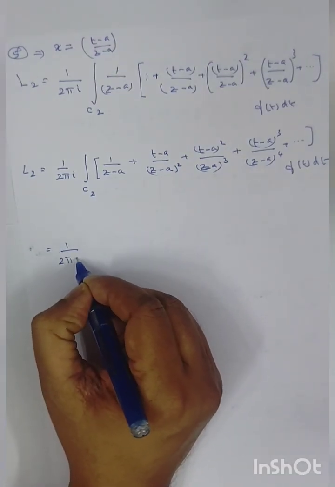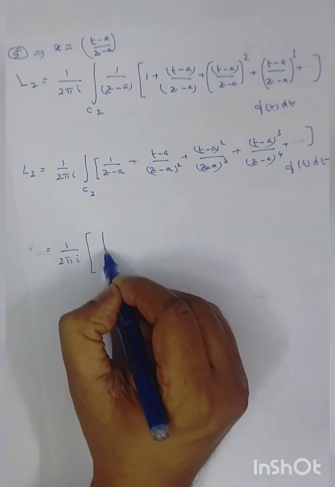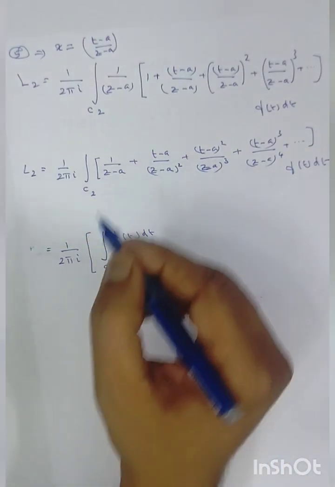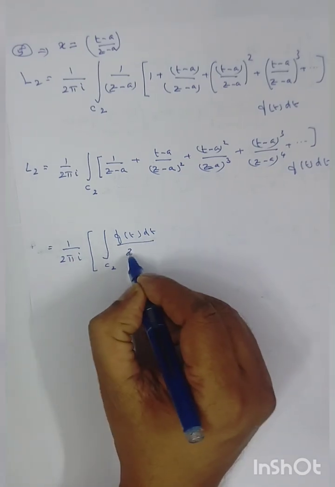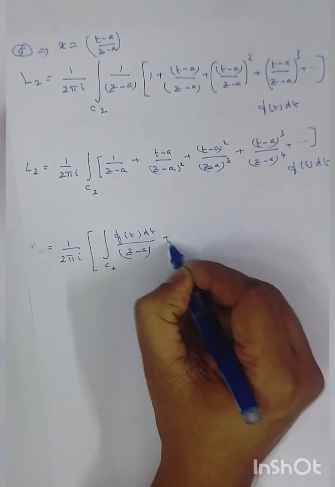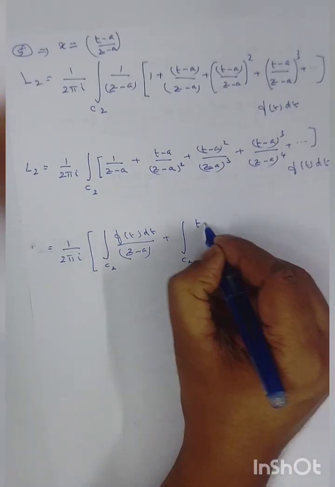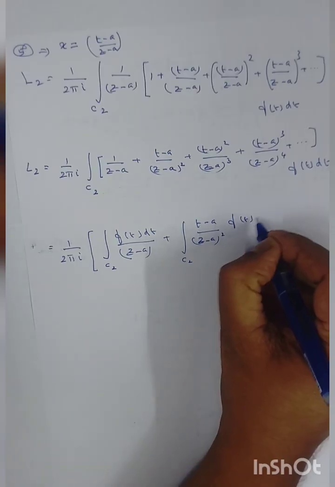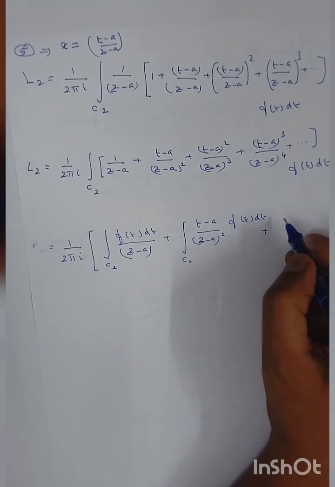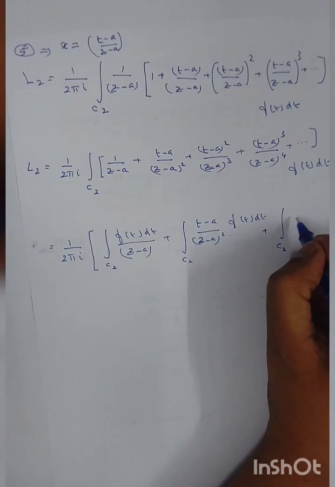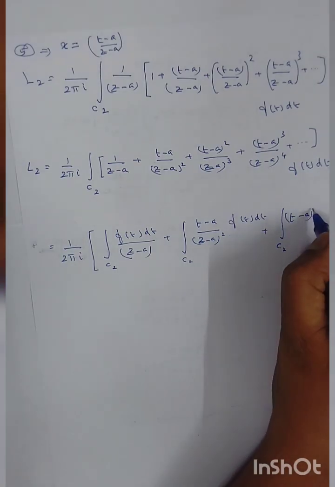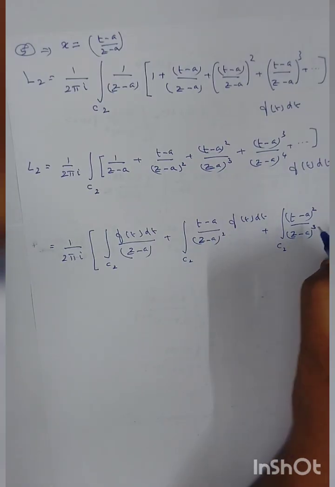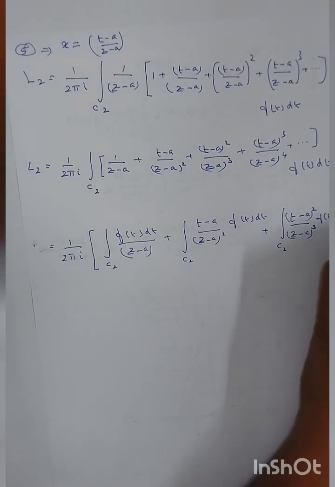1 by 2 pi i, C2, multiply this f of t dt inside. So, f of t dt divided by z minus a, plus C2 (t minus a) divided by (z minus a) the whole square f of t dt, plus C2 (t minus a) the whole square divided by (z minus a) the whole cube f of t dt.